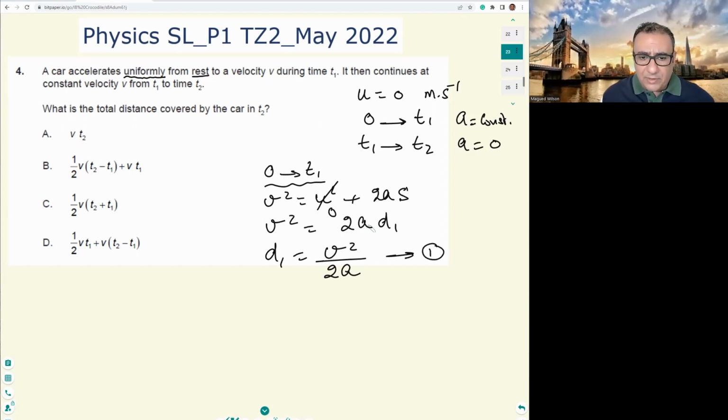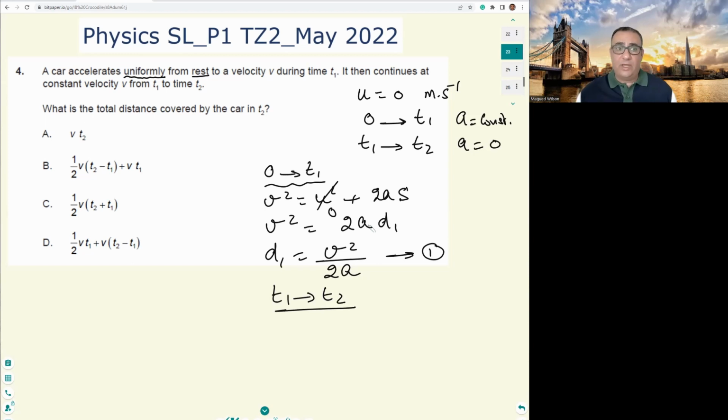Now, in the second part of the motion, from t1 to t2, this is even simpler. Why? Because we have constant velocity. If you have constant velocity, feel free to say v equals distance over time. So v equals d2 over delta t, which is between t1 and t2.